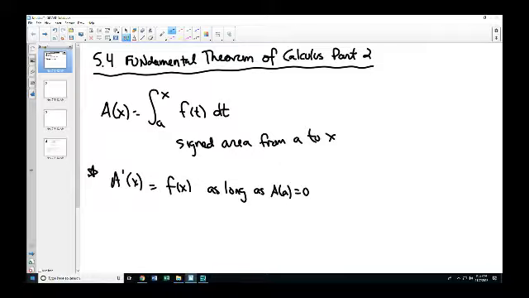I don't understand the A of A equals 0 part. So, normally when you evaluate an integral, you'll have like F at x minus F at a. Right? Well, as long as that is 0, we don't have to worry about it.